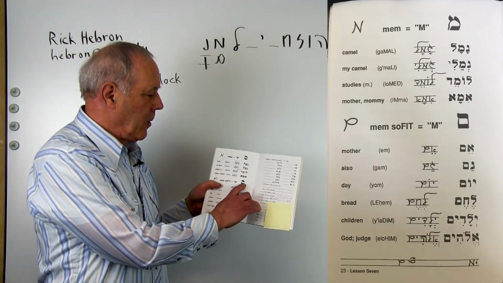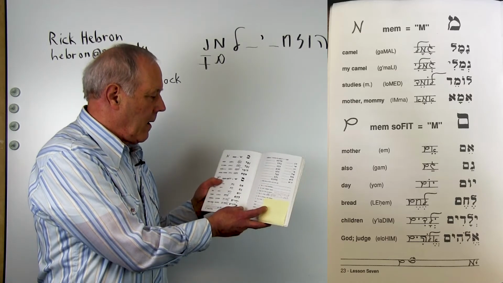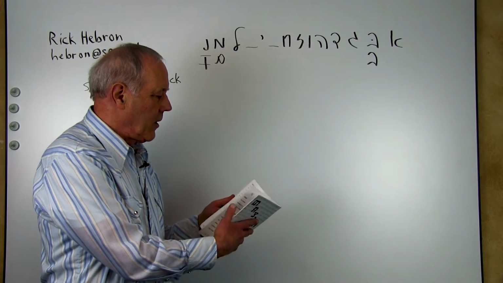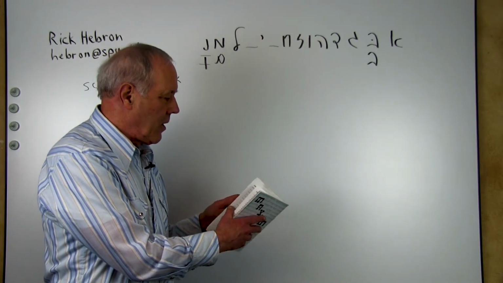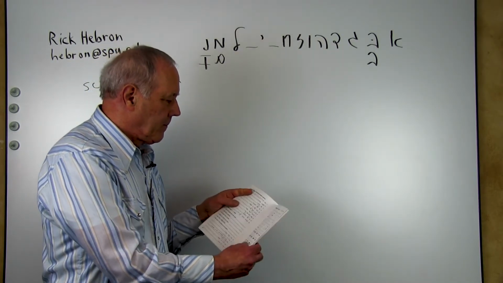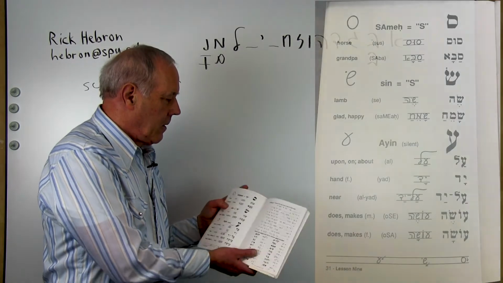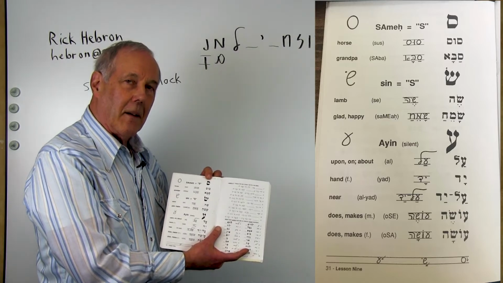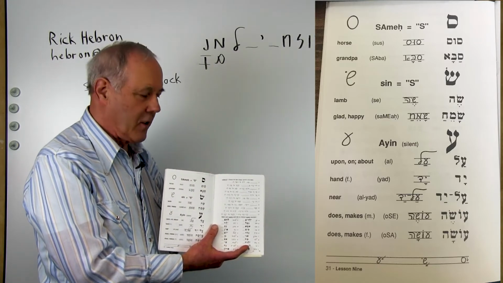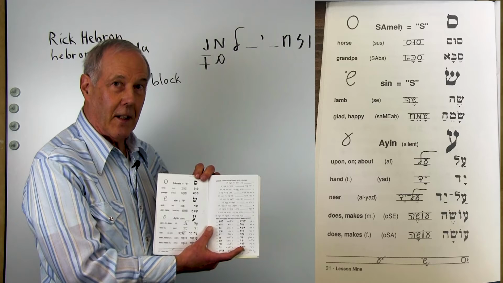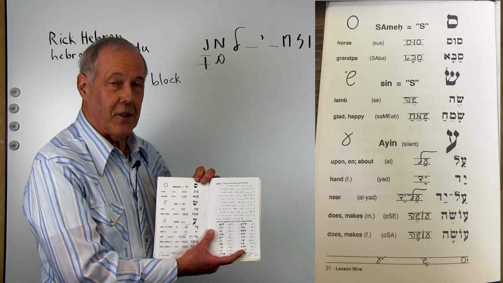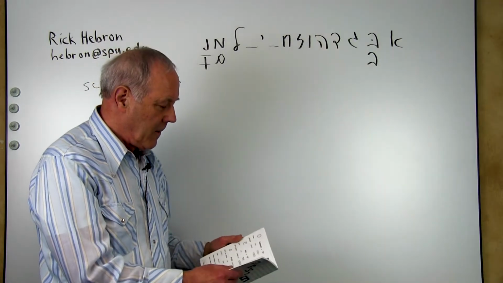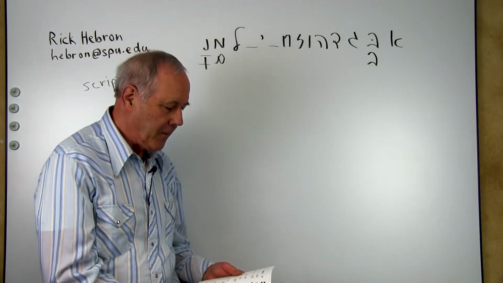You have to look at the lower right corner, and on the Mem Sofit, you have a sharp corner, and on the Samich, it's not quite sharp. So, different fonts will have different characteristics. This one, I don't like the lack of a difference between the Samich and the Mem Sofit in this font. It's a common problem, unfortunately.